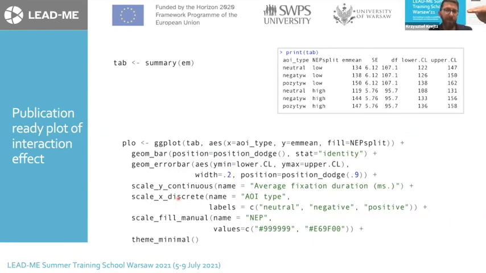Then I want to manipulate the name of the X, the horizontal line. And this is a discrete values line. So I give the name AOI type, and I label it as neutral, negative, and positive. And then I want to label as well this NEP split column, naming it NEP.